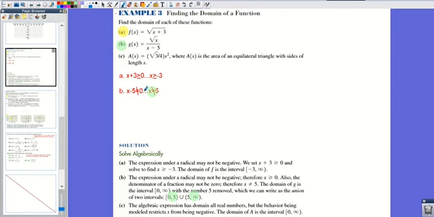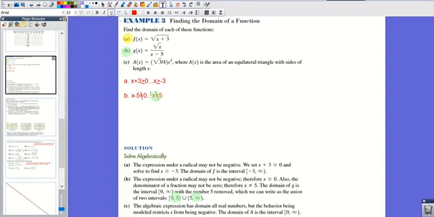One more thing. So that's the denominator. I forgot to talk about the numerator. Now let's talk about the numerator. Again, can you take a square root of a negative number? The answer is no. So x has to be greater than or equal to 0 for the numerator.